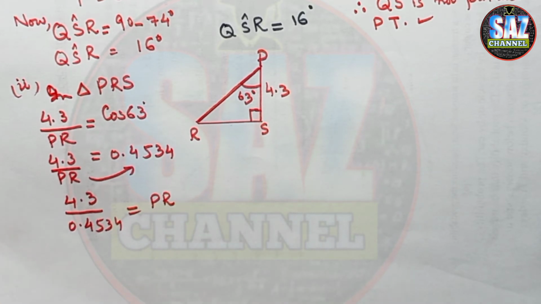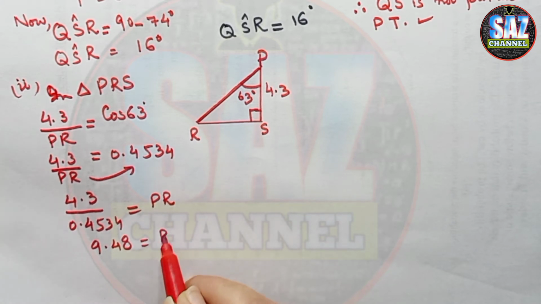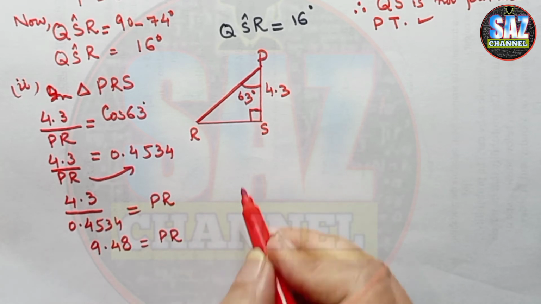Now divide 4.3 by 0.4539, and this gives me the calculation 9.48483. So nearest to three significant figures, this will be my answer for PR.